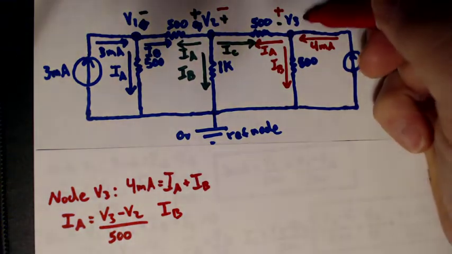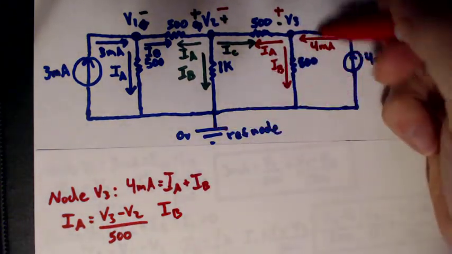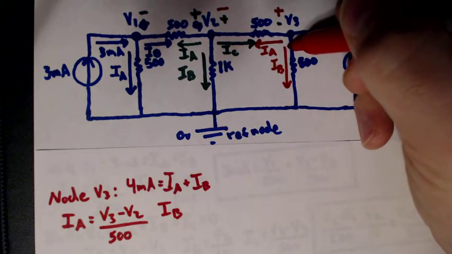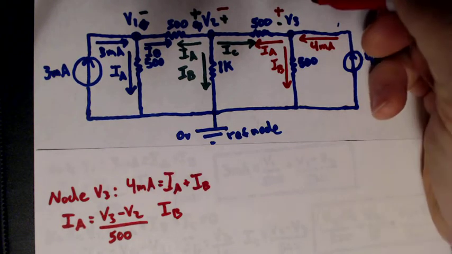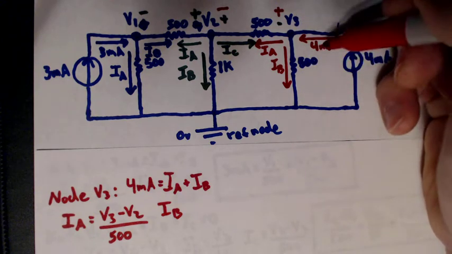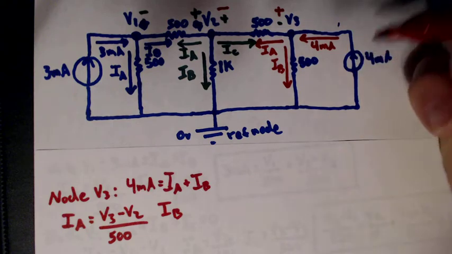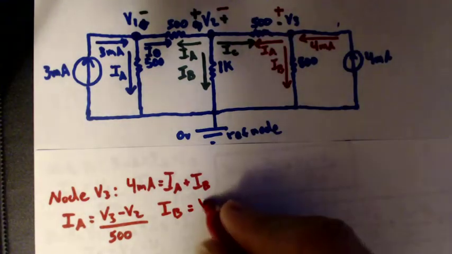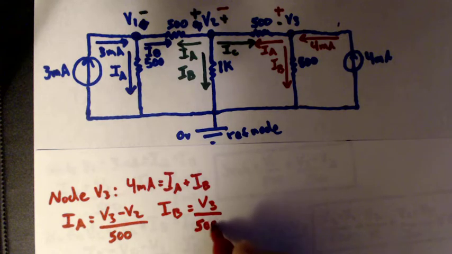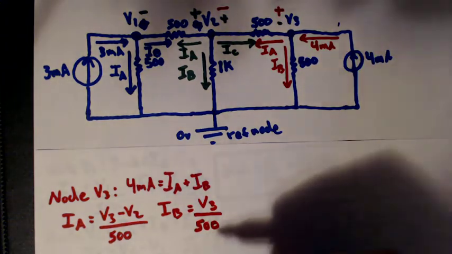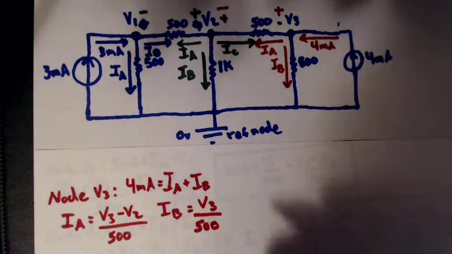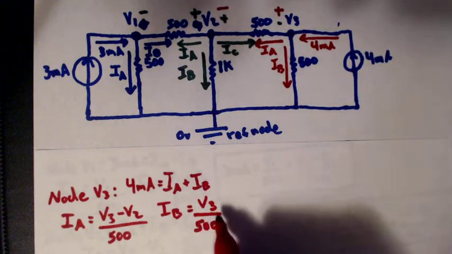We got to do the same thing for IB. Now again, I'm working off of the assumption V3 is larger than 0 volts because we said that IB is going down. So I can just say the voltage drop across this 500 ohms is simply V3, divided by 500 ohms, just using Ohm's law there. And I now have my IB.